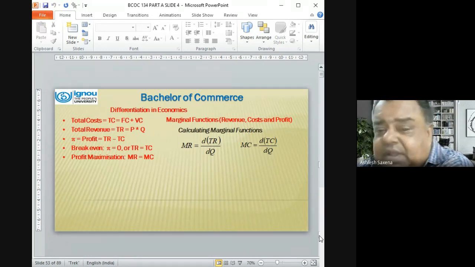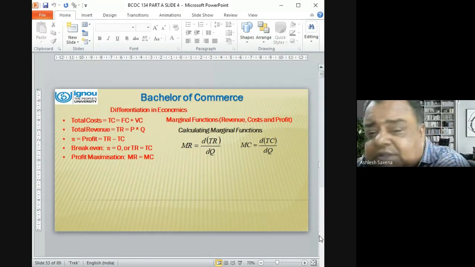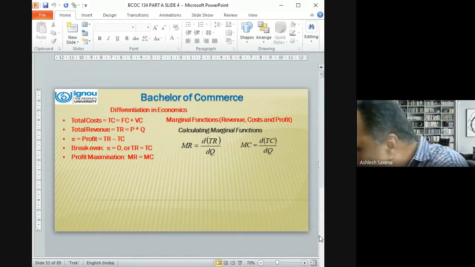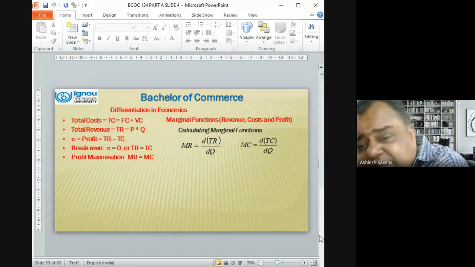Now see, total cost TC is equal to FC plus VC. Total revenue is the product of price into quantity. Profit is total revenue minus total cost. Break even is the point where total revenue is equal to total cost.